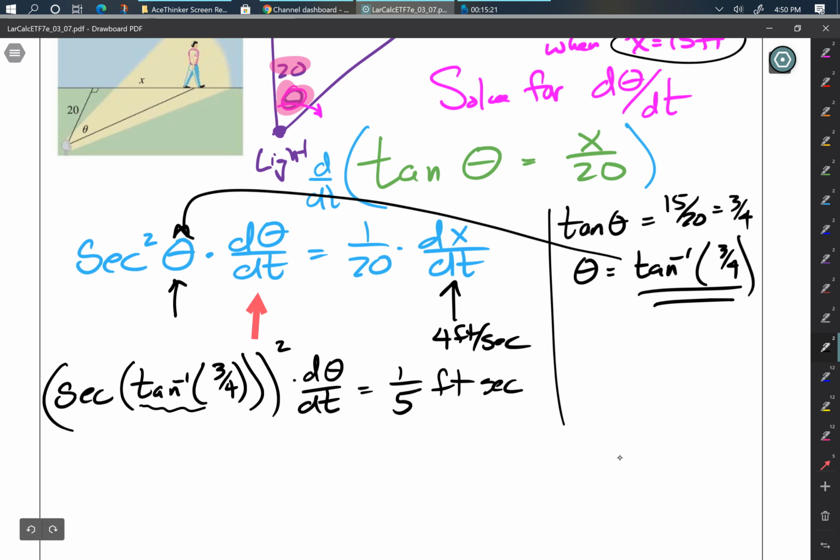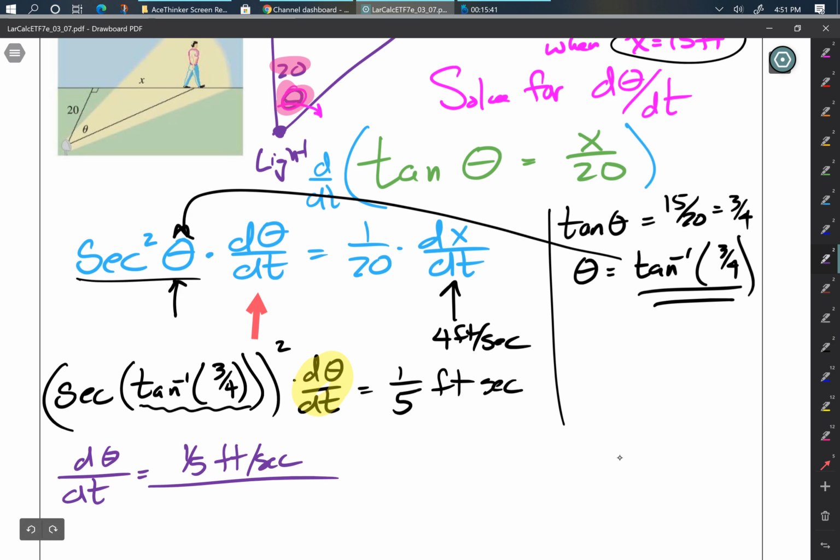Remember, this is theta right here, so there's the secant of theta squared. My job is to solve for d theta/dt, so I get that d theta/dt is equal to 1/5 feet per second divided by the secant of the arctangent of 3/4, squared.